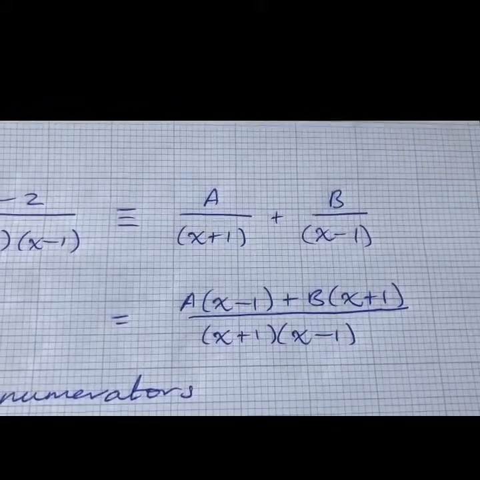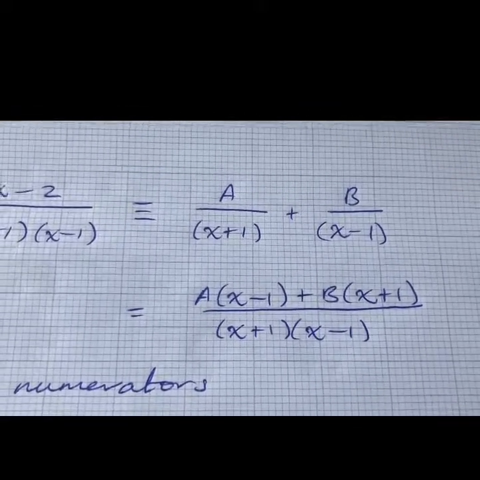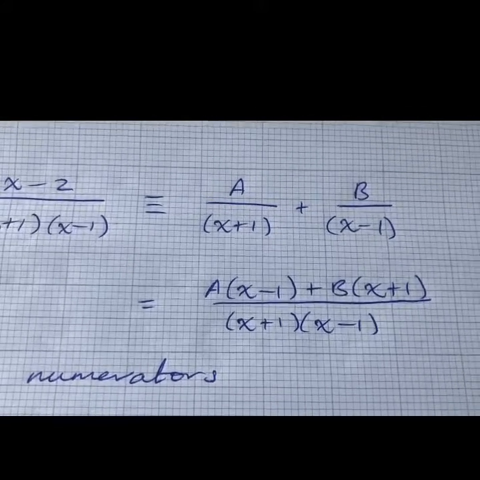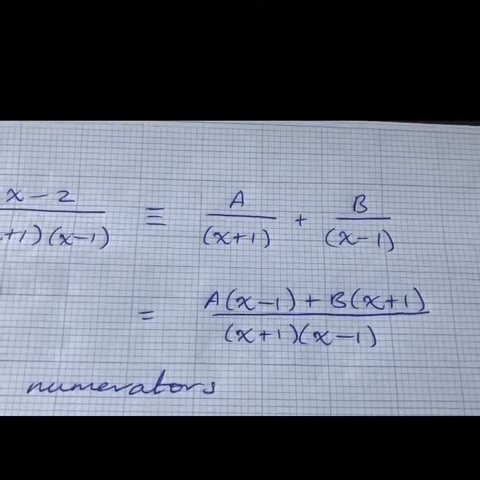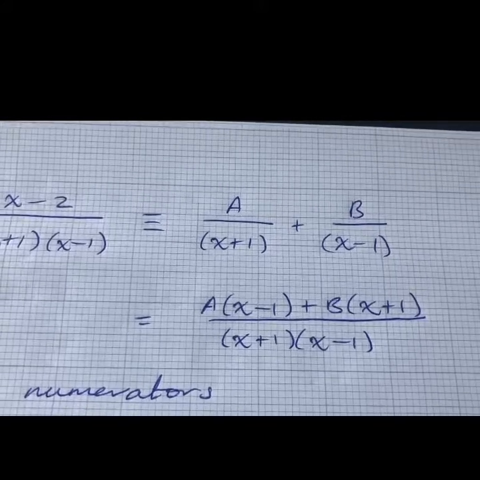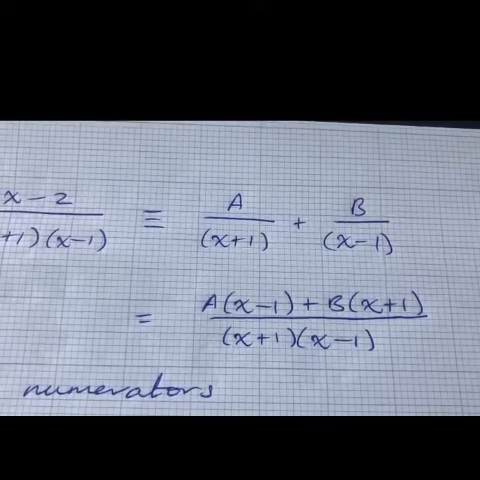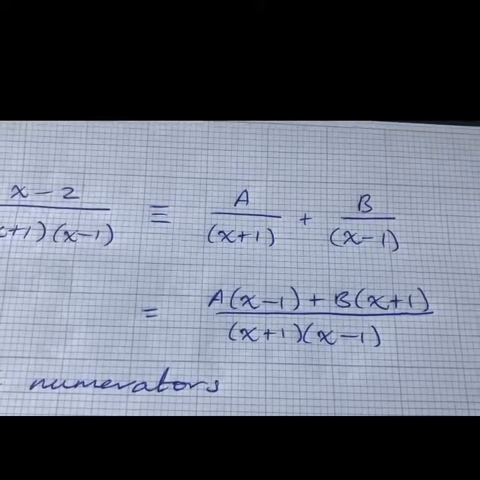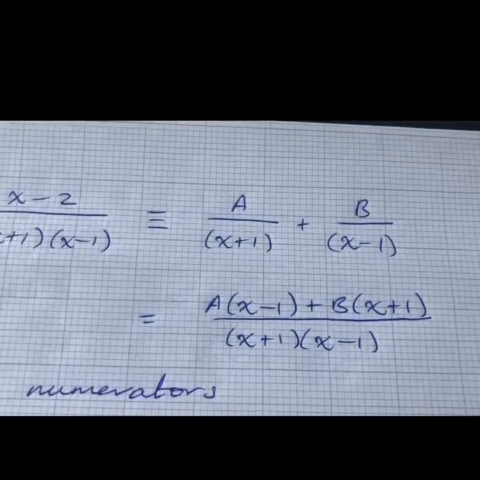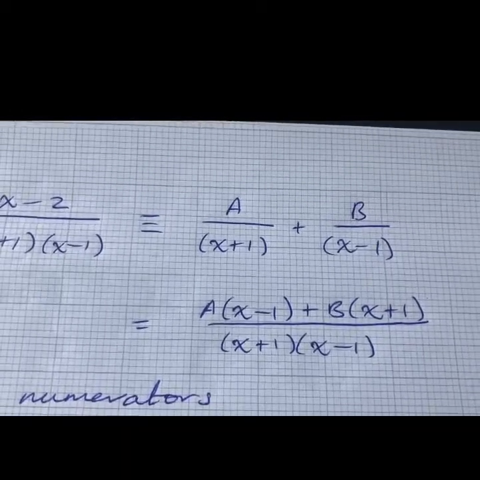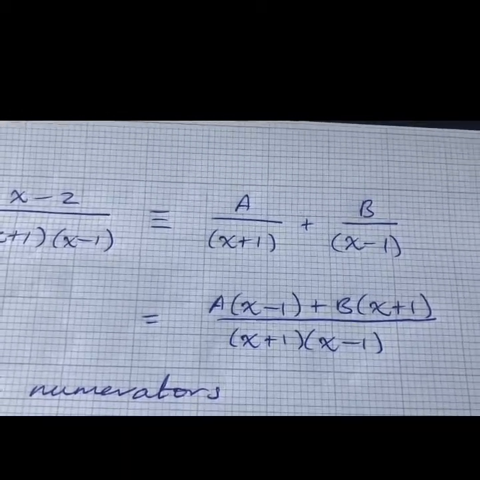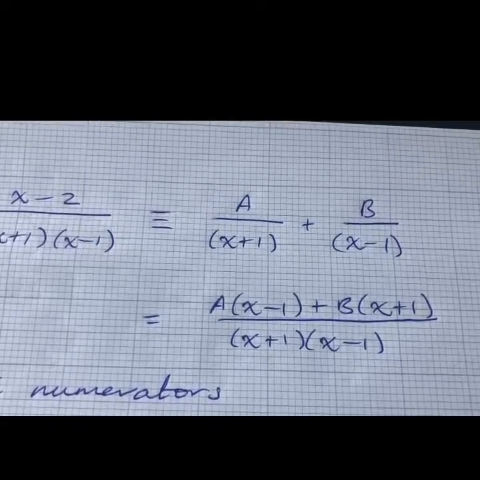The a then needs to be multiplied by the x minus 1, and the b needs to be multiplied by the x plus 1, just in the way we were adding fractions in class and in lessons recently. Of course, that still doesn't tell us the a and the b. We still need to think a bit more about it, but that's what we ultimately want to find.